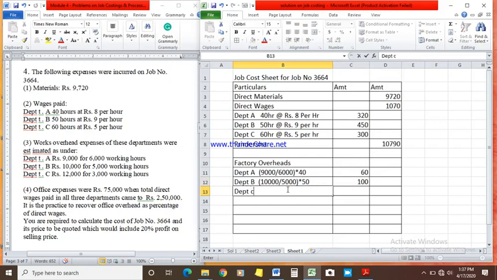Department C: 12,000 divided by 3,000 multiplied by 60 hours. Now the total of all the three, we get 400. Addition of these two, we get works cost.